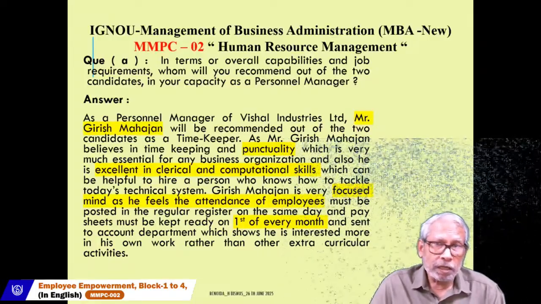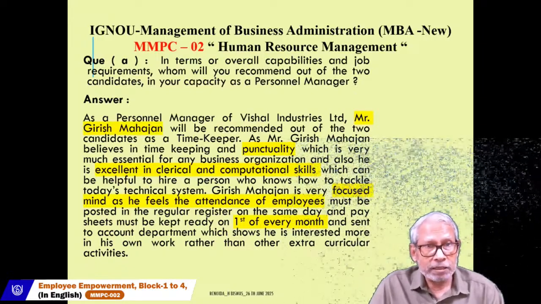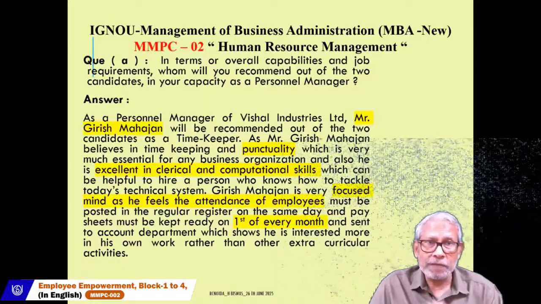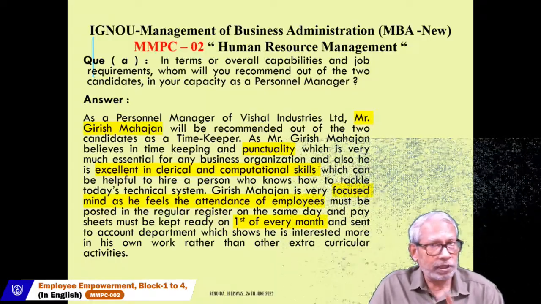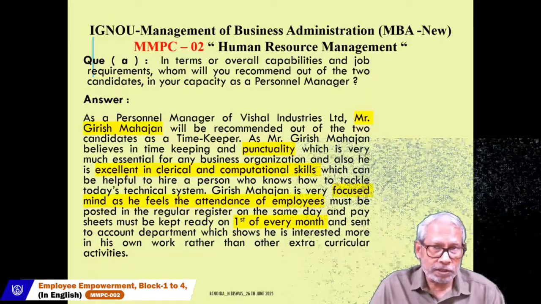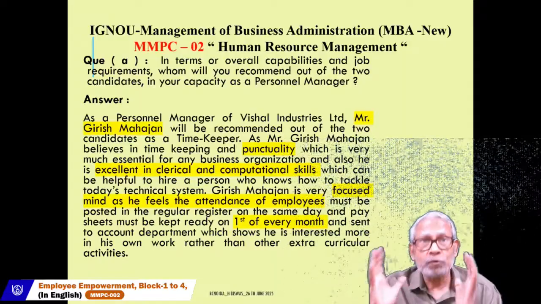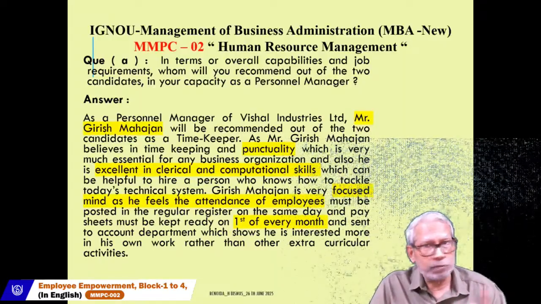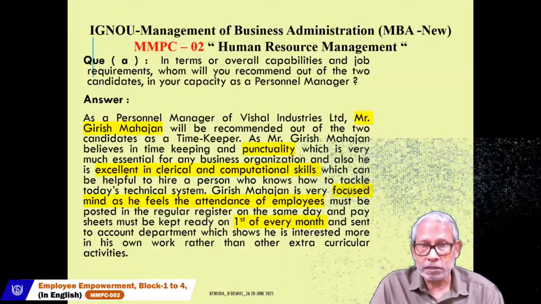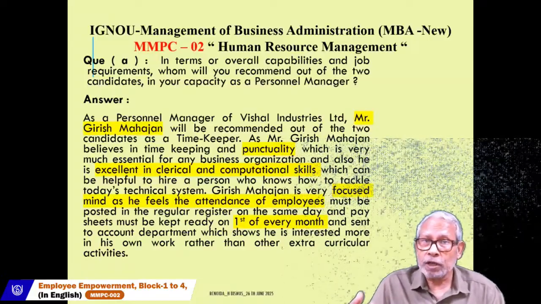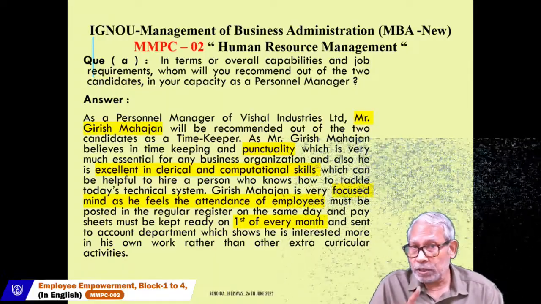Because the job is one of timekeeping. Girish Mahajan believes in timekeeping and punctuality, which is very much essential for any business organization. When we talk about the organization's point of view, he is excellent in clerical and computerization skills.